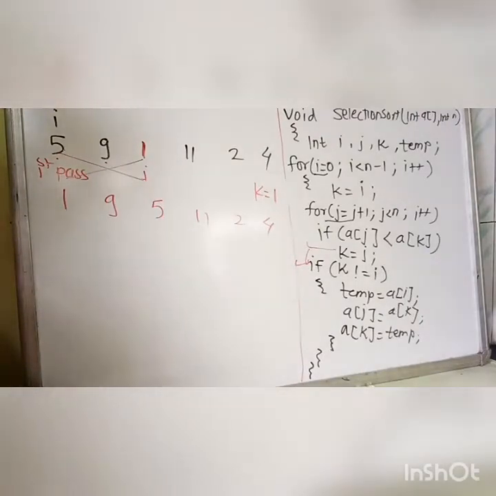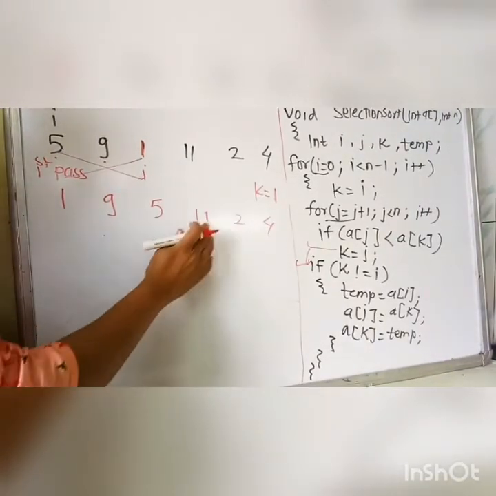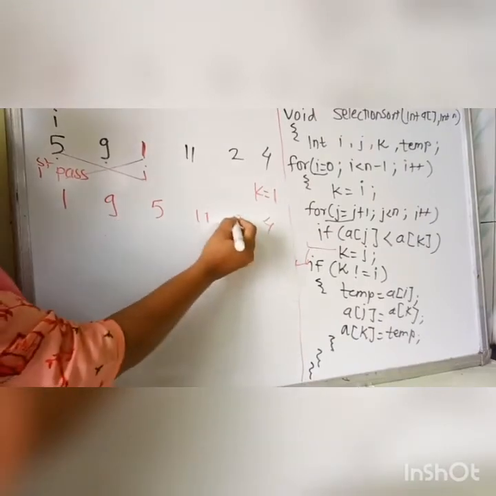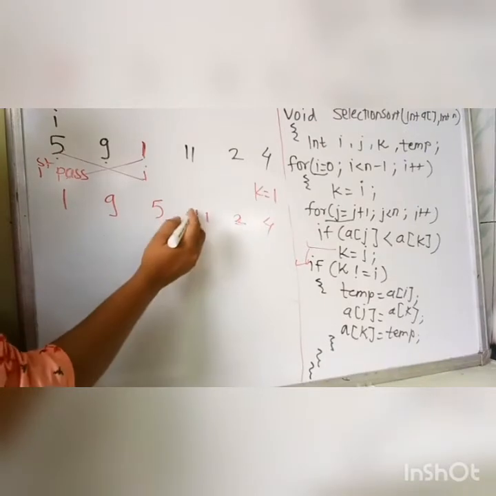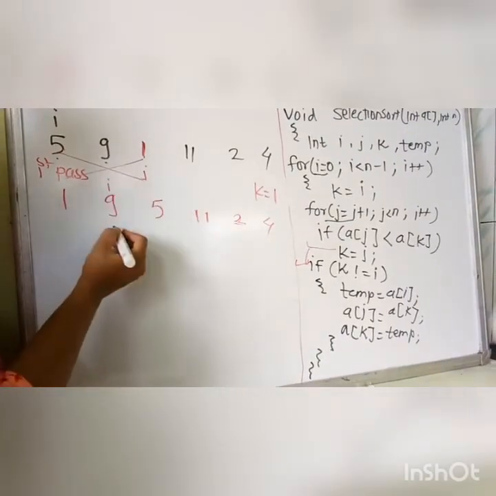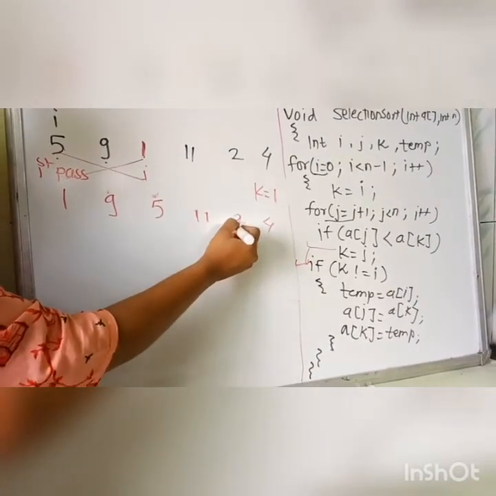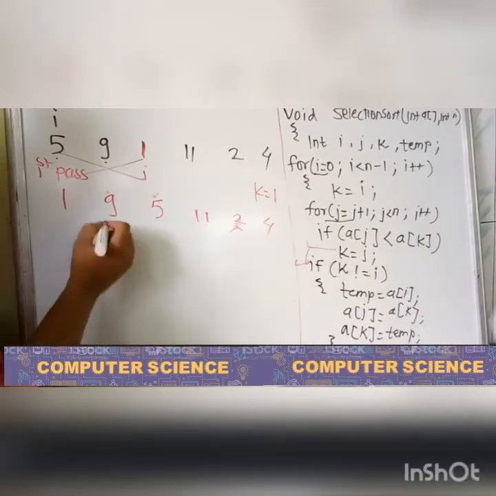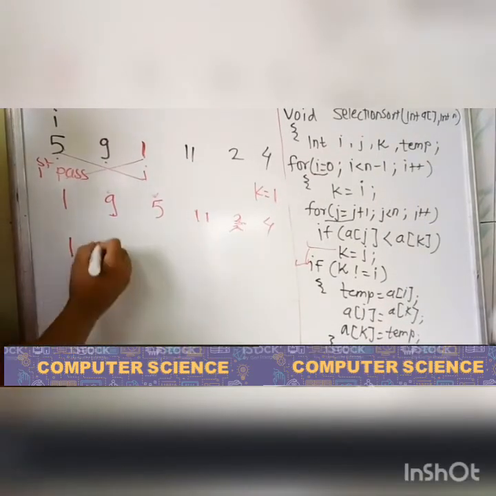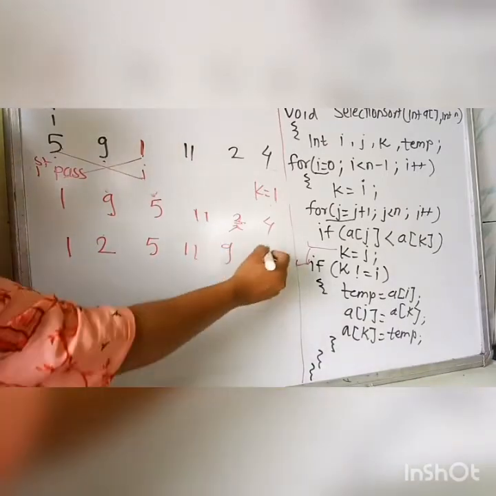Then in the next pass, continuing this procedure, among all these elements we check a of j with a of k, and i moves here. Now we come to the element that is the smallest among the remaining elements, so we swap this to this. Means 1, 2, 5, 11, 9, 4.